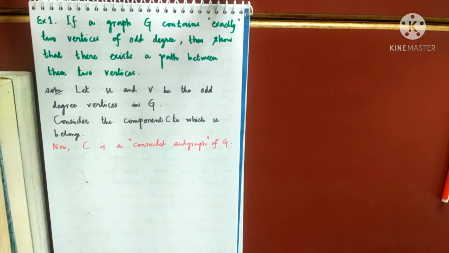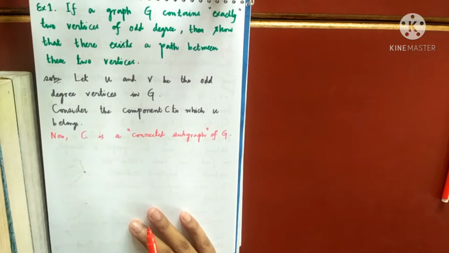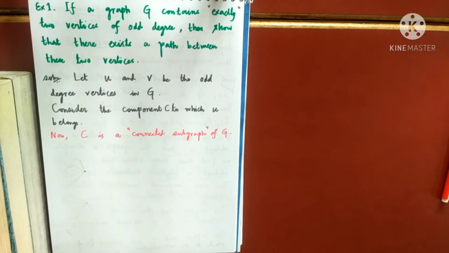Now you see, all the properties of a graph are also true for a subgraph. Keep that in mind. That is very obvious because subgraphs are also graphs. So what are the properties of graphs that we have done?